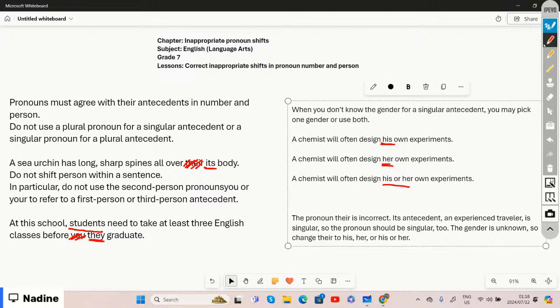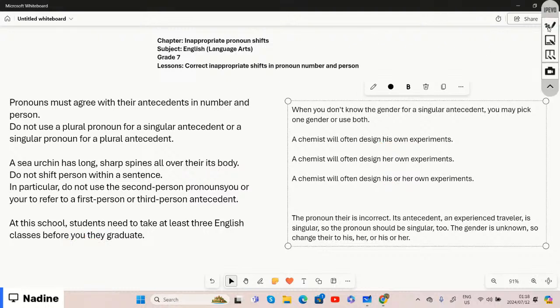Okay. So now let's go to A plus students.ca where we are going to correct the inappropriate shifts in pronoun number and in person.